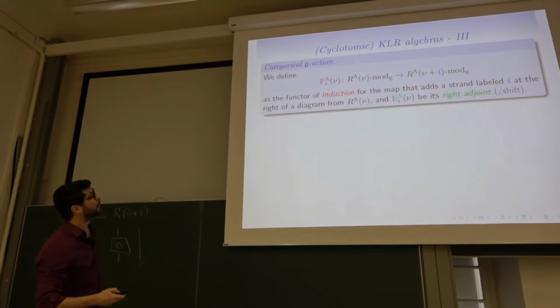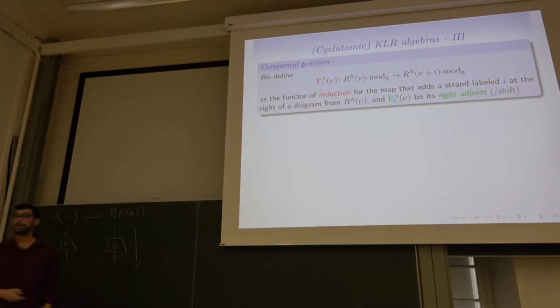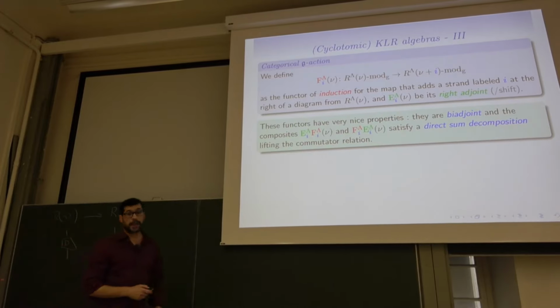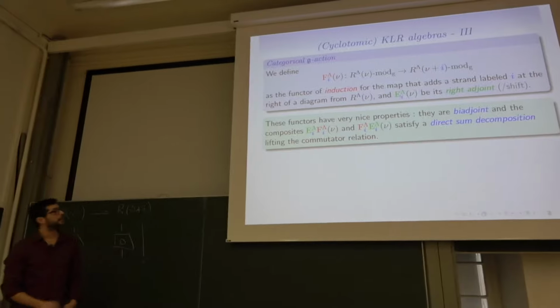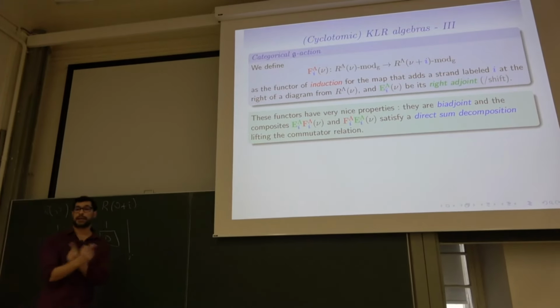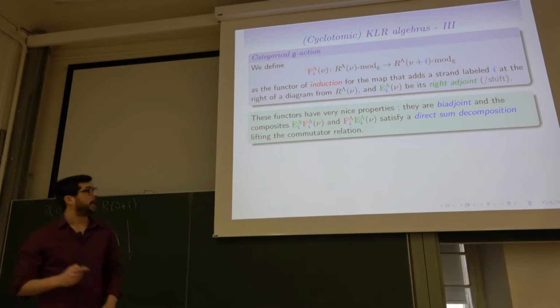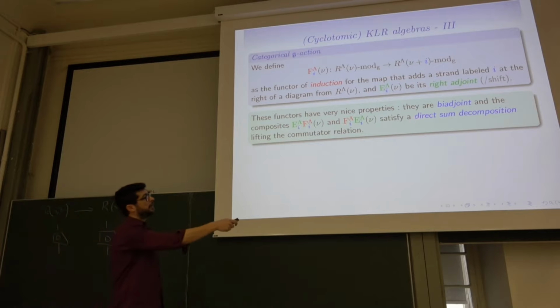And so now we have two nice functors with very suggestive names, E and F, and they have several very nice properties. For example, they are biadjoint. That means the right and left adjoints of each of these functors coincide, and the composites EF and FE satisfy a direct sum decomposition lifting the commutator relation.